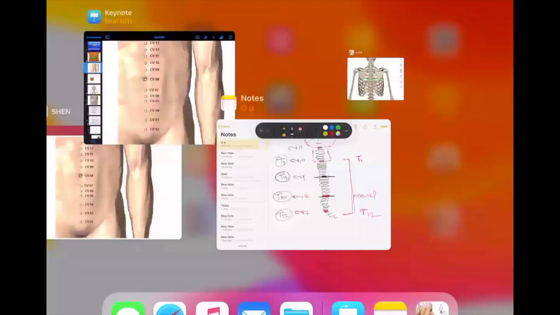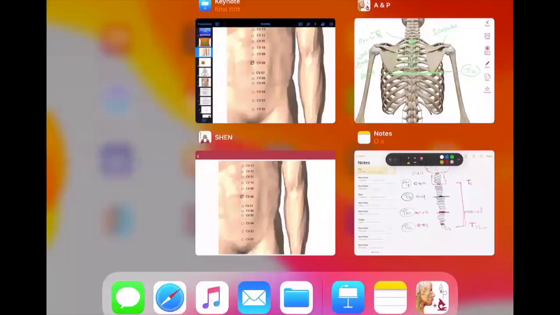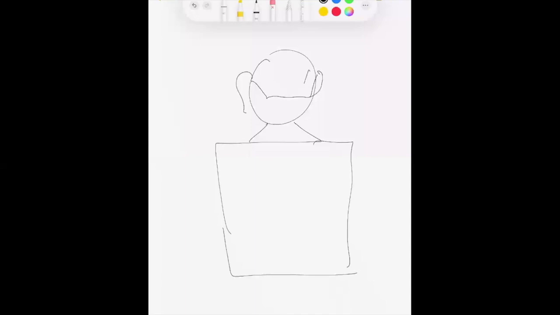So if anyone complains, I have back pain, we will ask, tell me the location. And he is telling that I have back pain here, in this part.